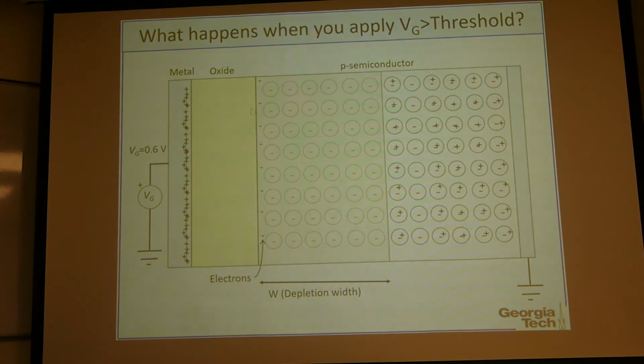So the only way to balance one more positive charge on the metal is to induce negative electrons to the surface. So now you see here we have the electrons. This is to balance the positive charge on the metal plate, because those are not effective, they are too far away.